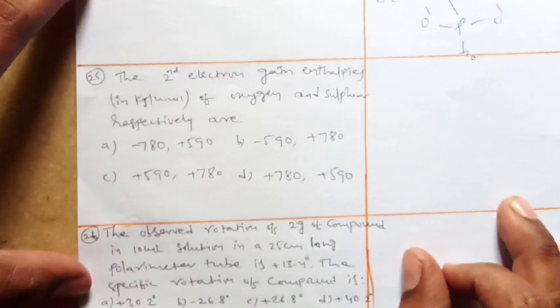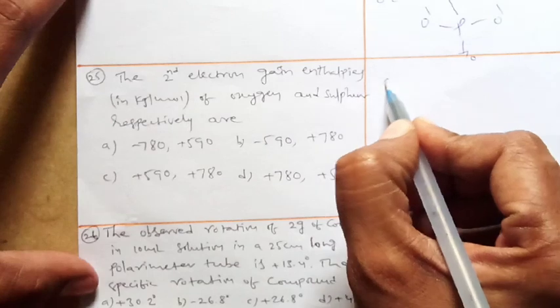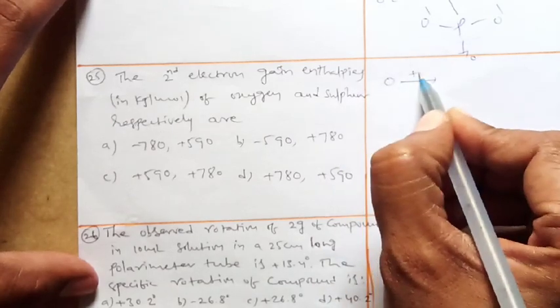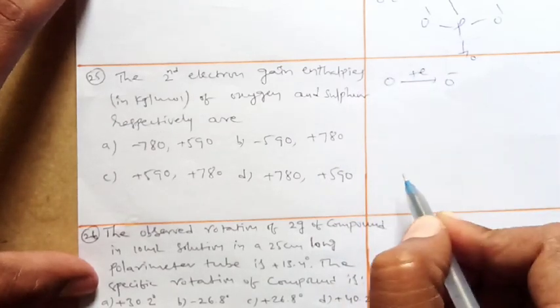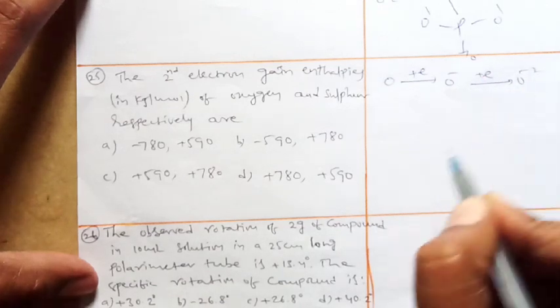The second electron gain enthalpy in kilojoule per mole of oxygen and sulfur respectively are. You know, oxygen by taking one electron converts into O minus. By taking one more electron, what do we get? O minus 2.